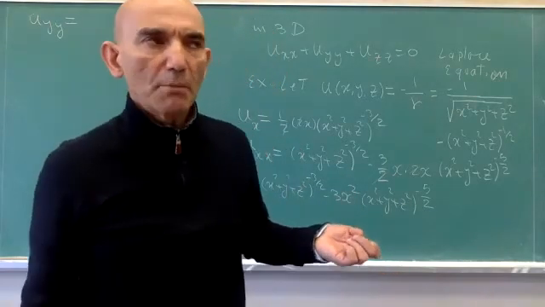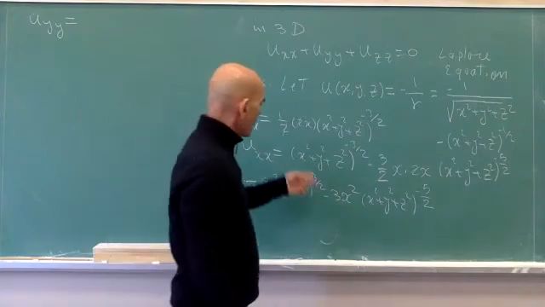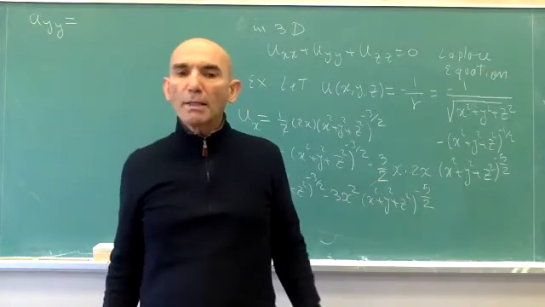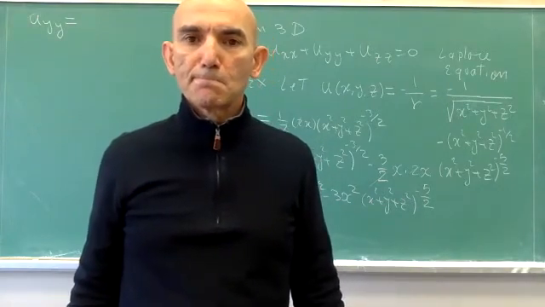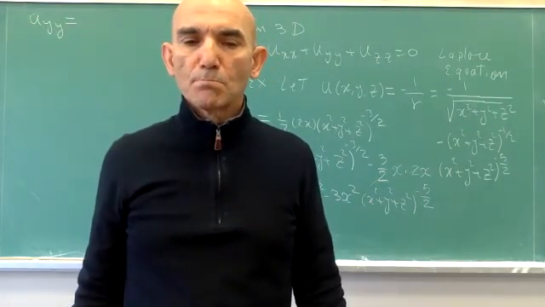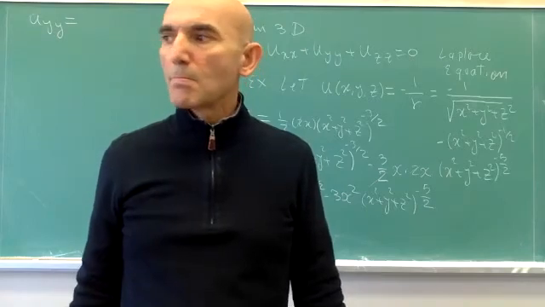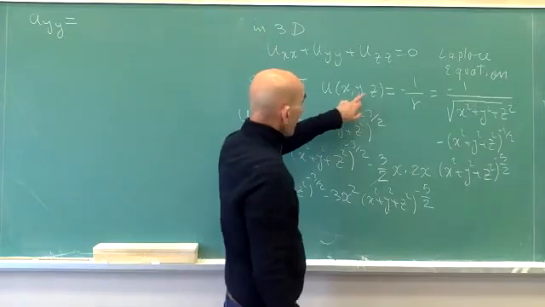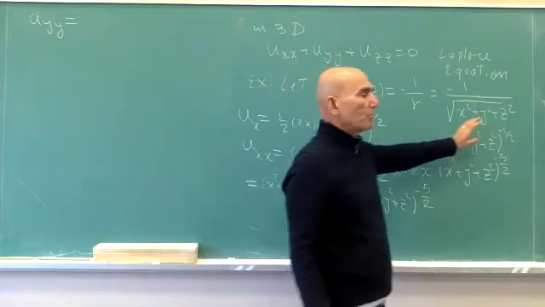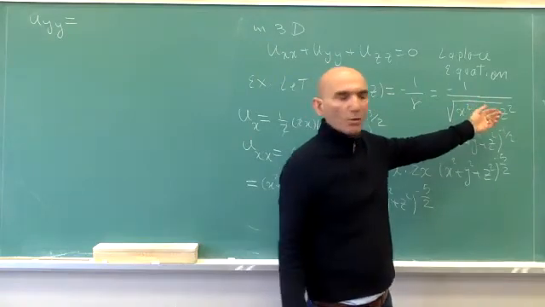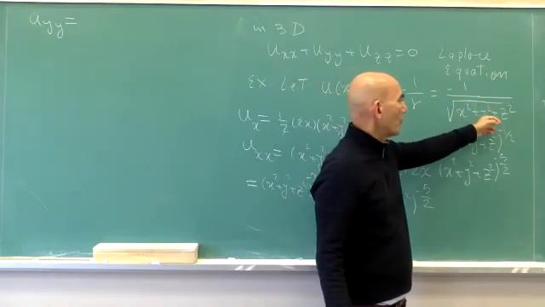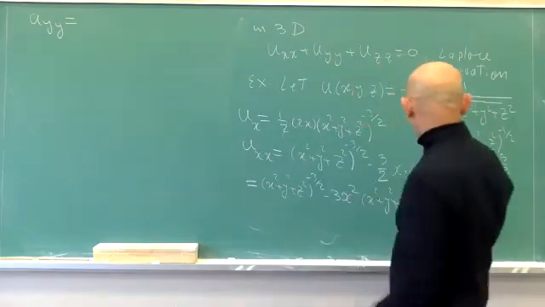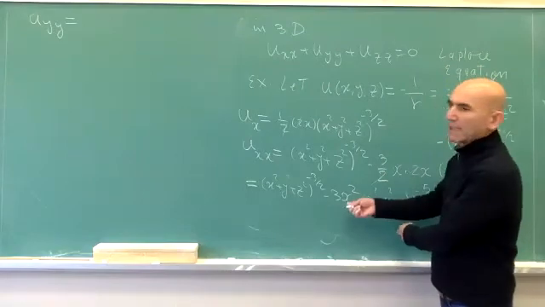You can just tell me what uyy is from what uxx is, right? Why? Because of symmetry. Because x, y, z in this function play a completely symmetric role. The role played by x is like the role played by y and z. So for uyy, I just have to look at this and replace x by y.